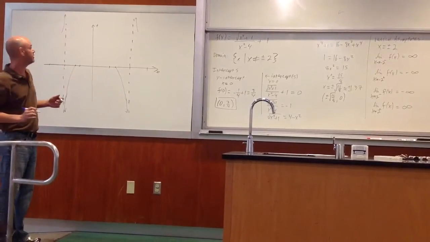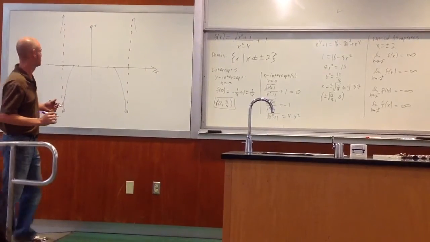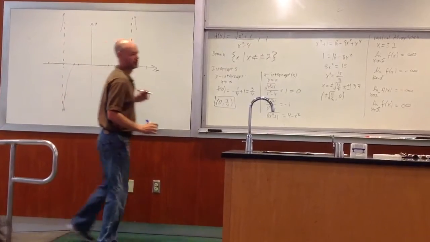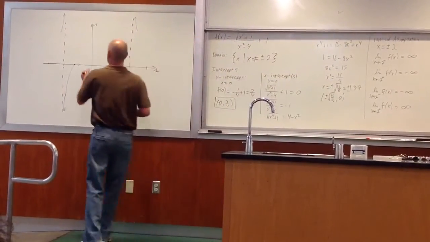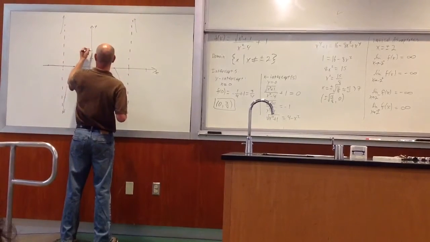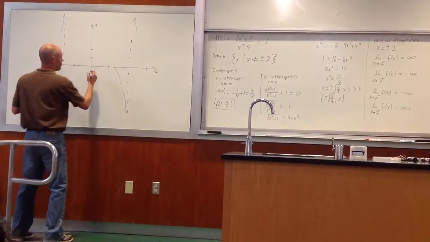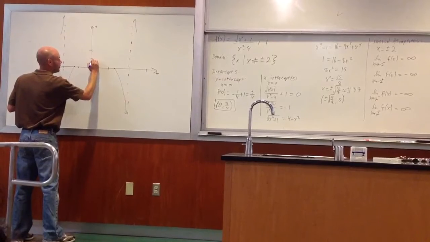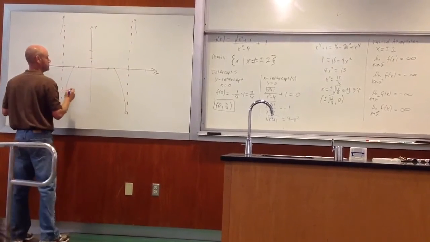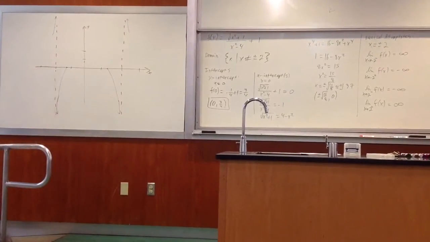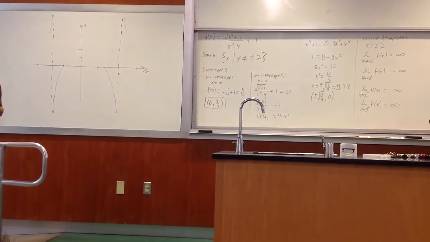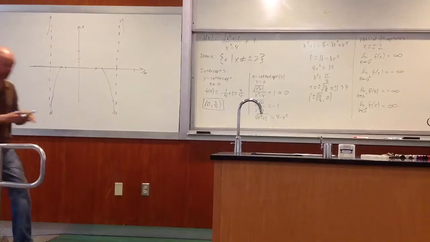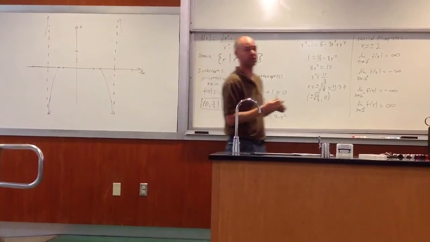And it's crossing the y-axis where? 3/4 is about there. You okay so far? So we have some information that's useful so far. Let's move on to horizontal asymptotes.